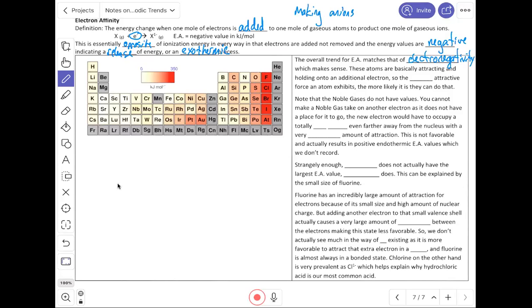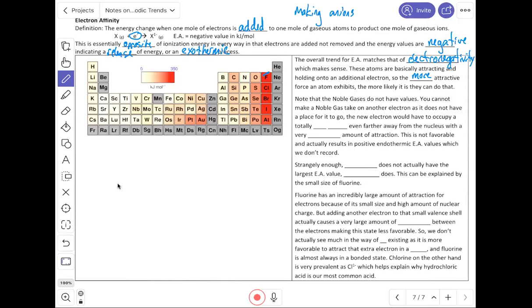So they are slightly different, but essentially they measure the same thing. You are attracting and holding on. So the more attractive force you have, the more likely you're able to do that. And we already know that the elements with the most attractive forces are up here. So those are going to be the same ones that have high electronegativities.